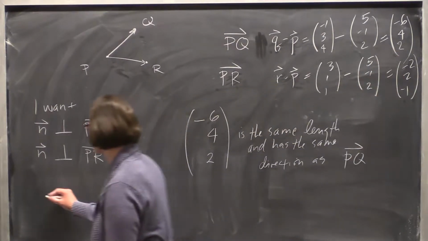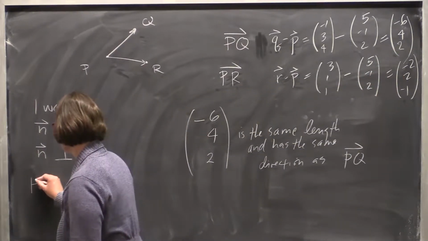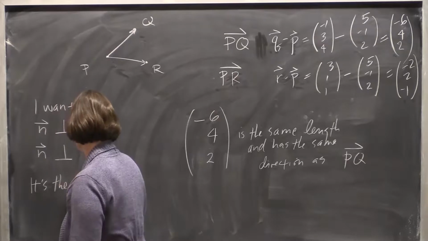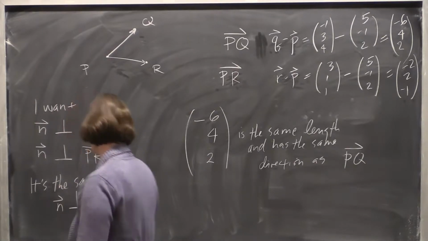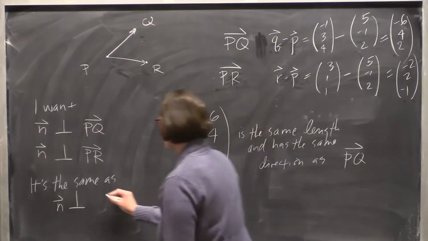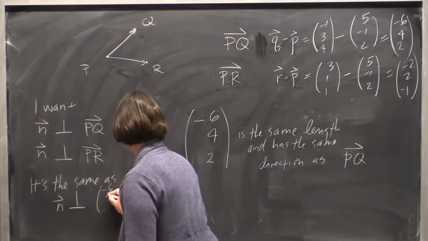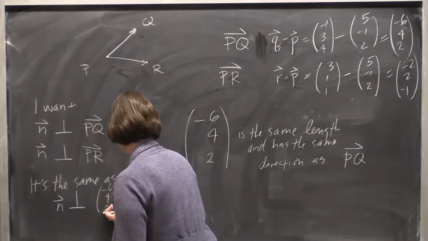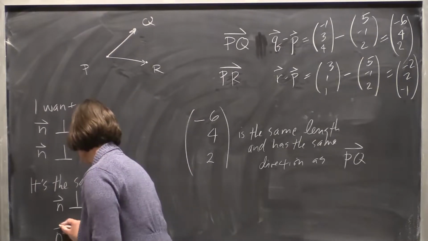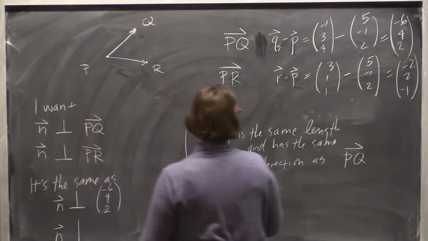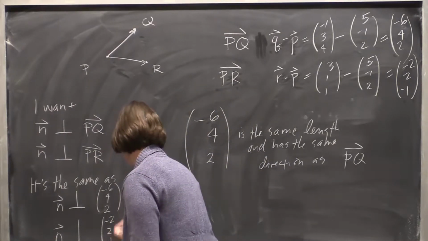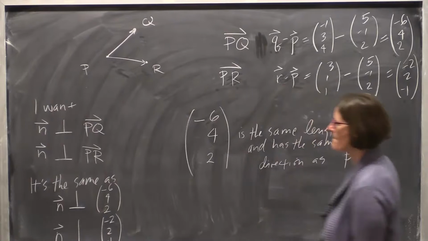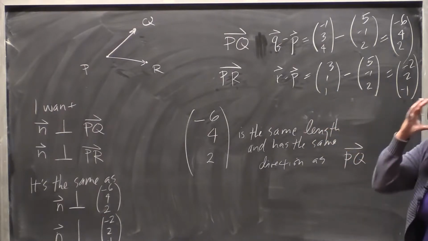So you need to convince yourself that it's the same as finding a vector n, which is orthogonal to -6, 4, 2, and orthogonal to the vector -2, 2, -1. So this is the geometric.